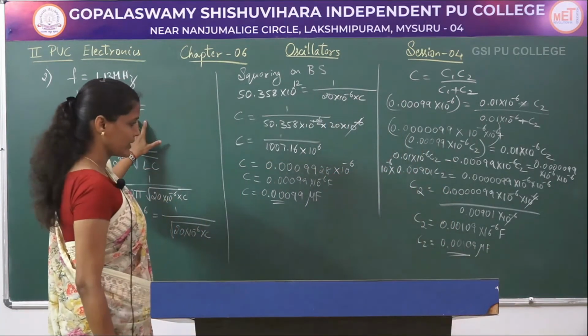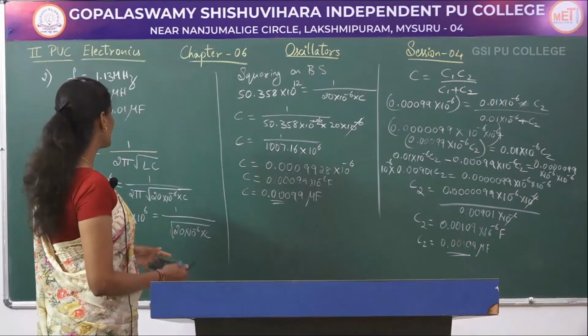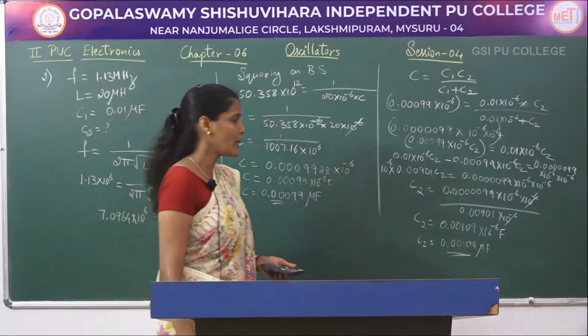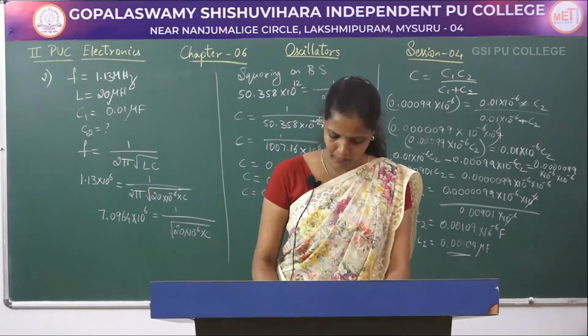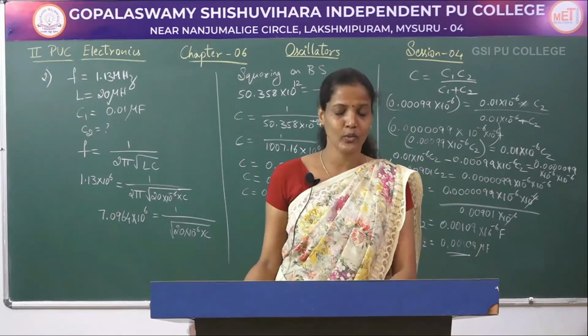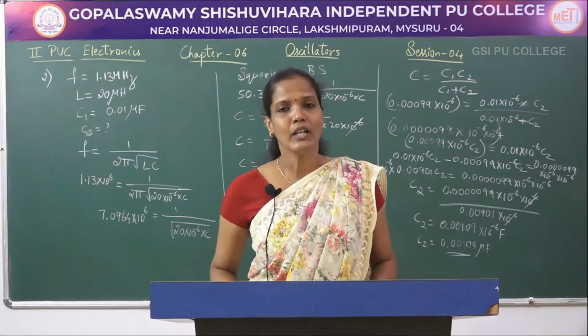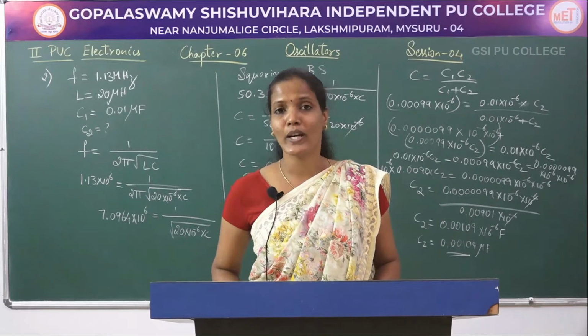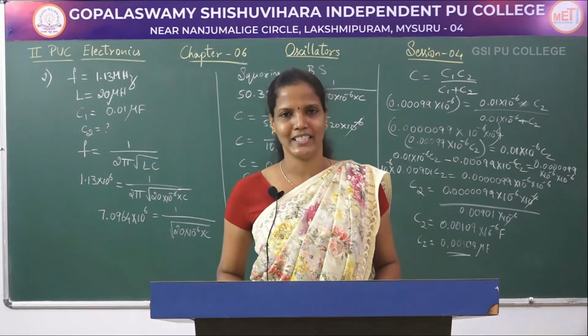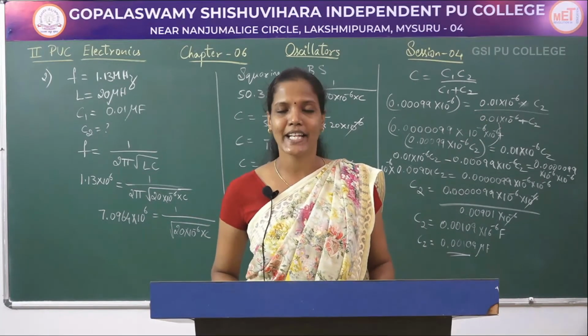C1 value is 0.01, whereas C2 value is 0.001 microfarad. Clear? So like this you have to find out the capacitance value or the inductance value, whatever is asked in the problem, using the same formula for the Colpitts oscillator, that is F is equal to 1 divided by 2 pi root LC. Clear? Now we will move on to the next problem.